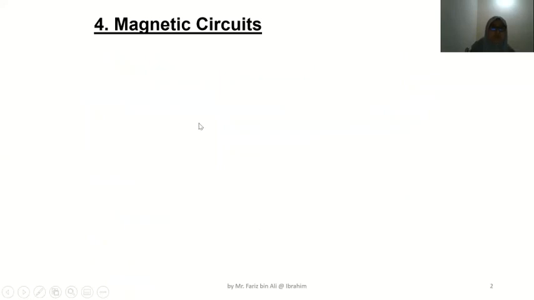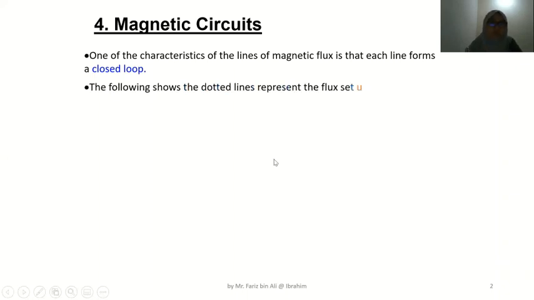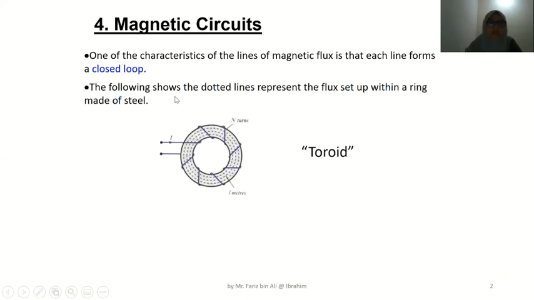Now, for magnetic circuits, what are magnetic circuits? One of the characteristics of the lines of magnetic flux is that each line forms a closed loop. The following shows the dotted lines representing the flux set up within a ring made of steel.